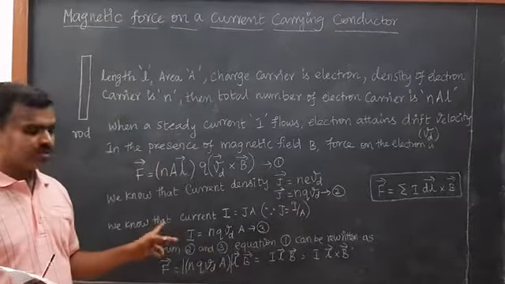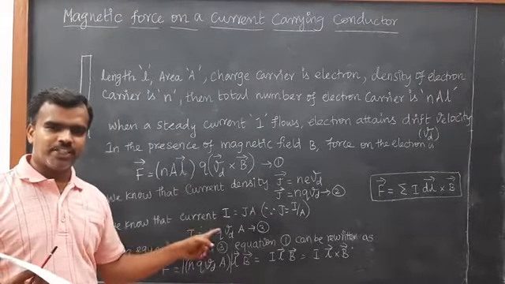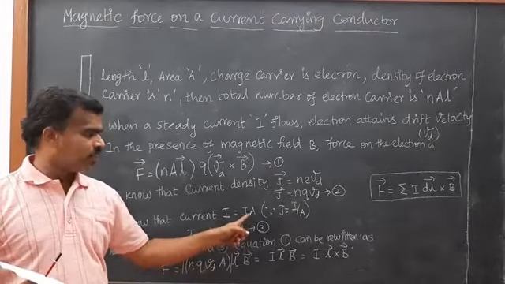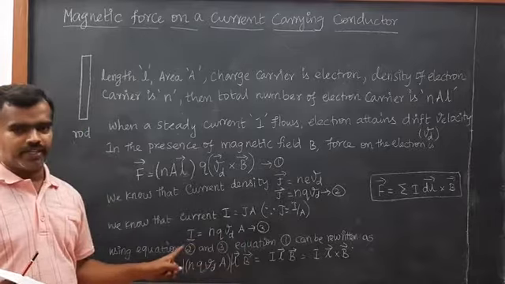Since J is equal to I by A, the current I is equal to J into A, so n q v_d into A gives the current.